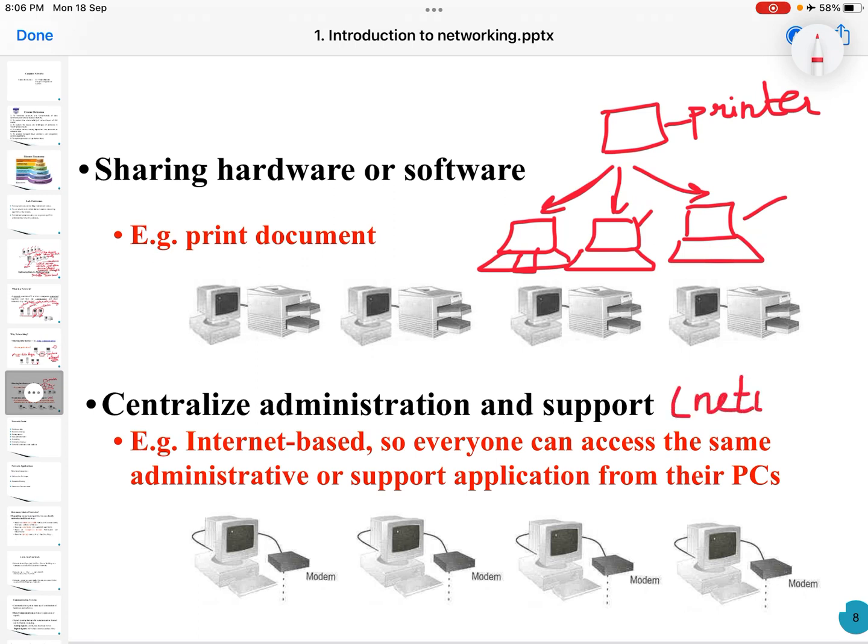When a single internet is connected to all the computers, a single printer is connected to all the computers. You are creating a network amongst the printer and the computers, so that you can use that one and only printer for all the computers. So you are saving resources.